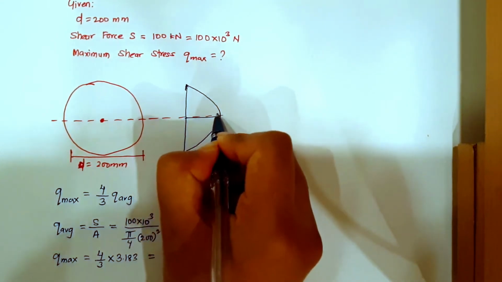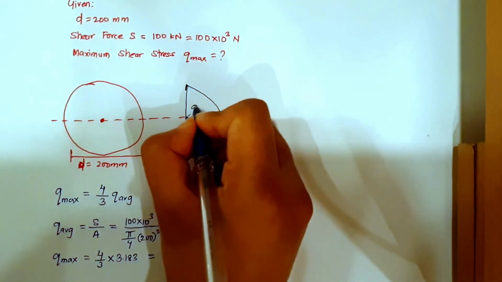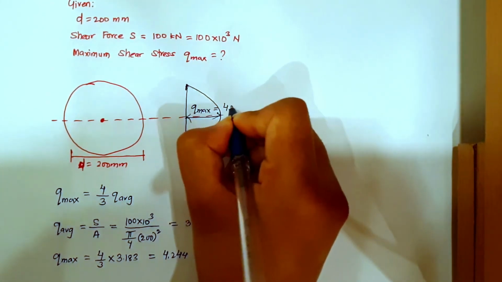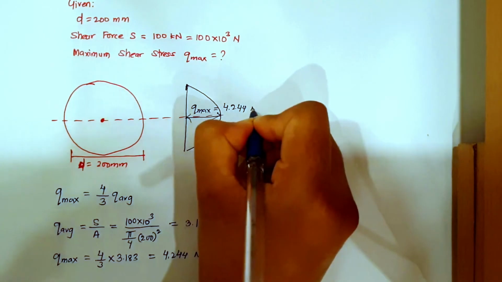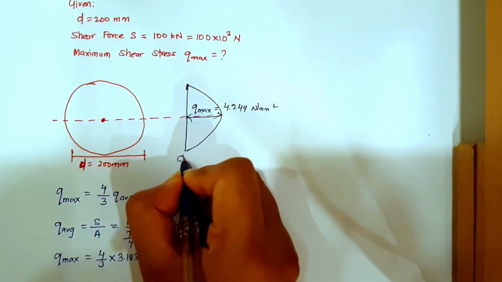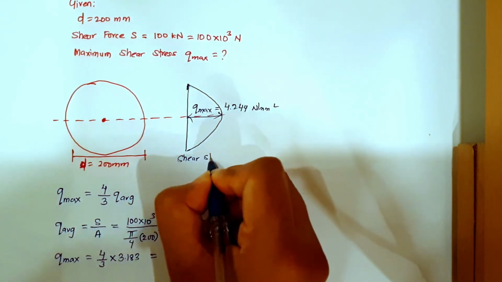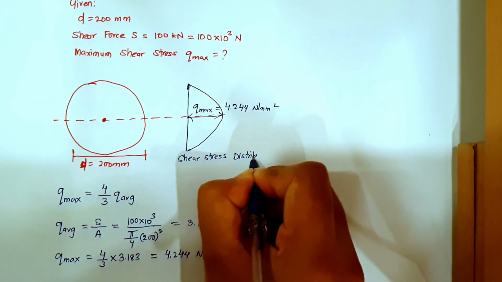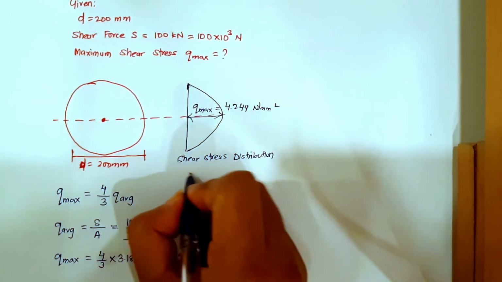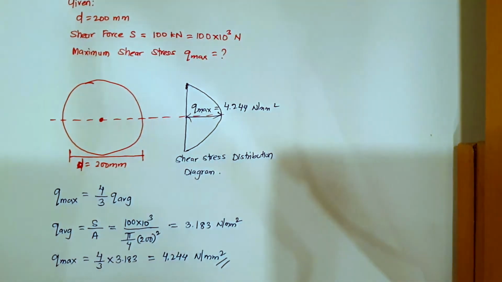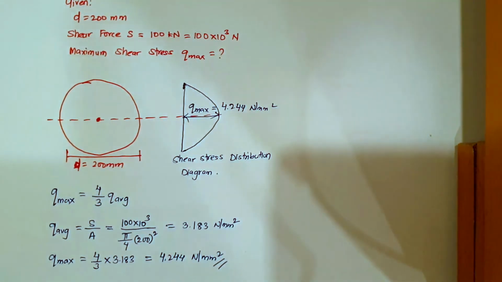So you have maximum at this point, Q max equals to 4.244 Newton per mm square, and this is a shear stress distribution diagram. I hope this numerical is also clear. These are very simple numericals.